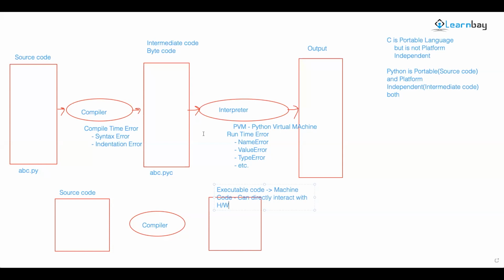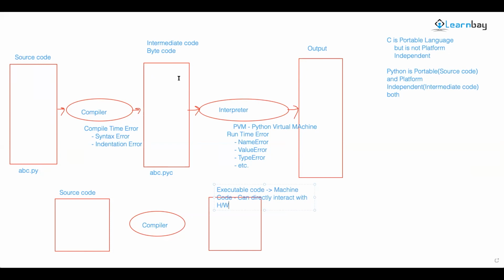So when you say Python is portable, by default you understand that source code can be moved from one platform to another. And when you say Python is platform independent, it means bytecode can be moved from one platform to another. Okay, thank you.